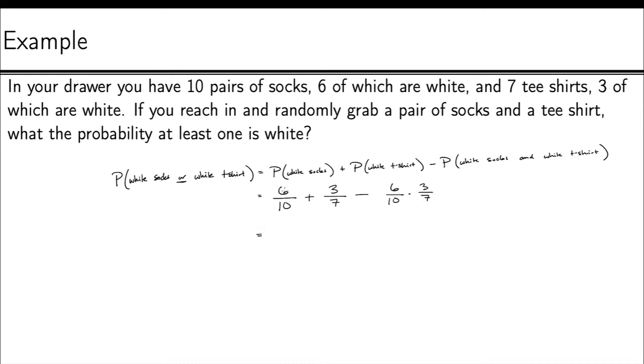So this is 3/5 or 21 out of 35, plus 15 out of 35, and then minus, this is 9 out of 35. All right, so 21 plus 15 is 36, minus 9 is 27 out of 35.